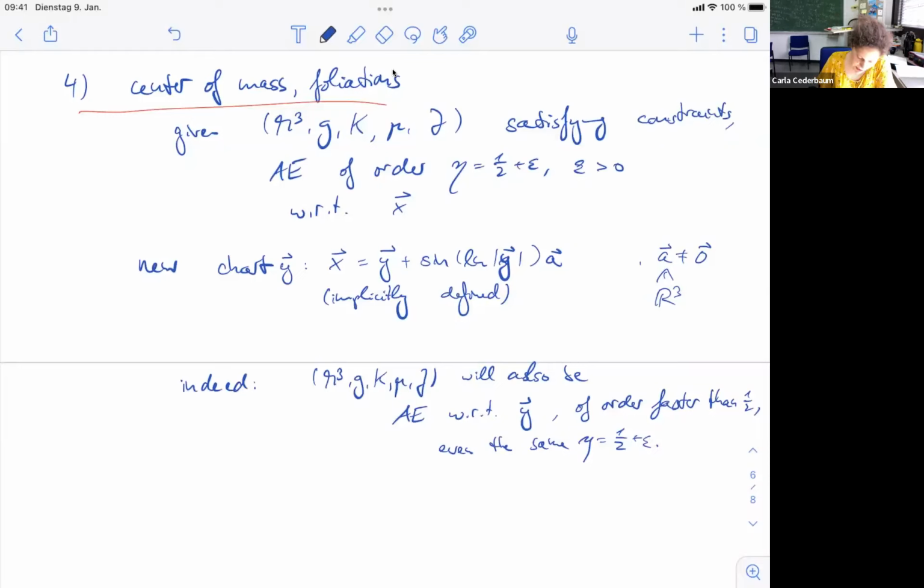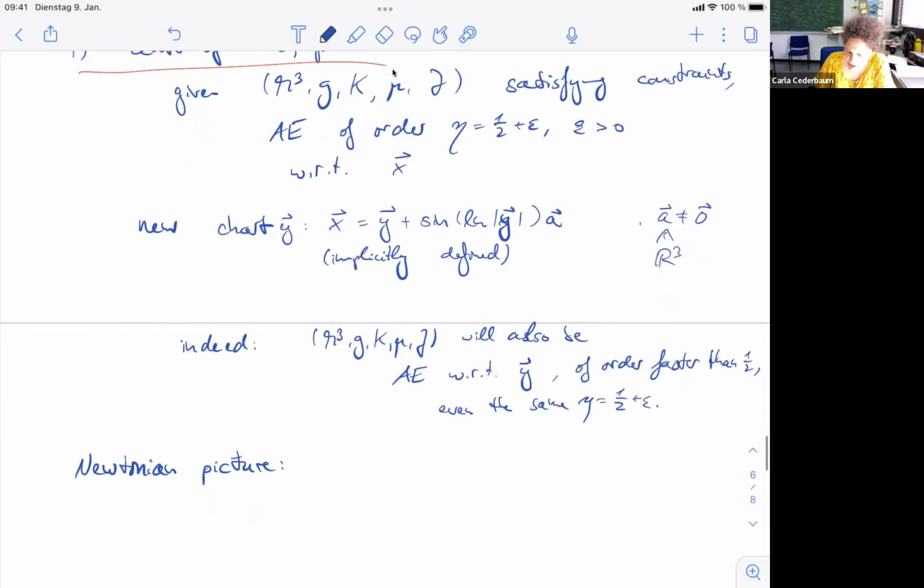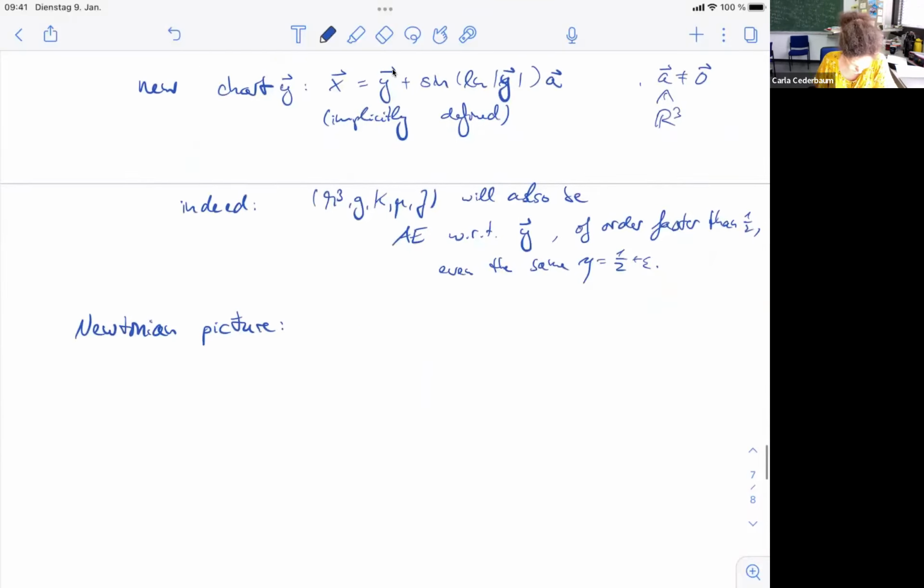So if I go back into my Newtonian picture, I can show you already in the Newtonian picture why this is messy. Recall I showed you in the Newtonian picture that the total mass can be written as a surface integral near infinity or at infinity via a divergence theorem using the Poisson equation for the Newtonian potential.